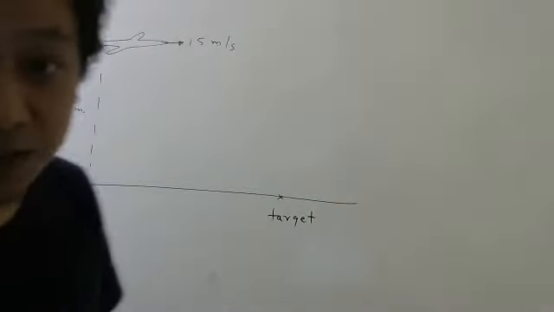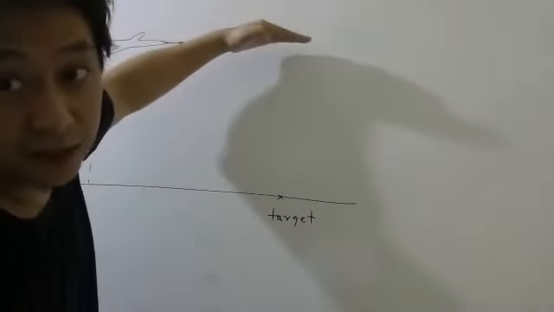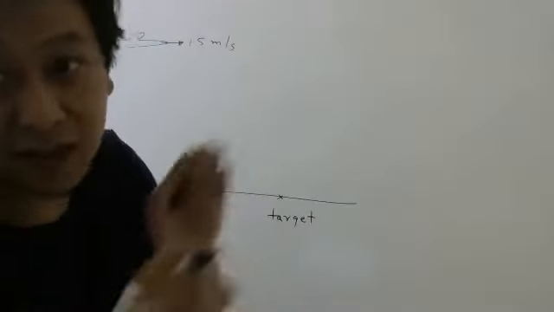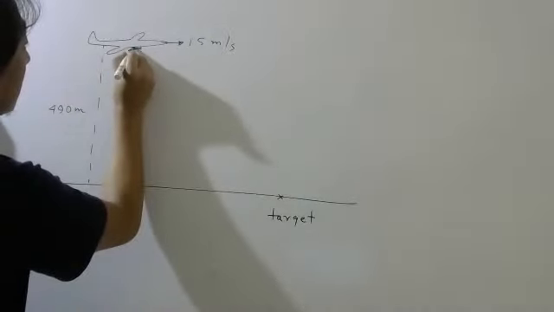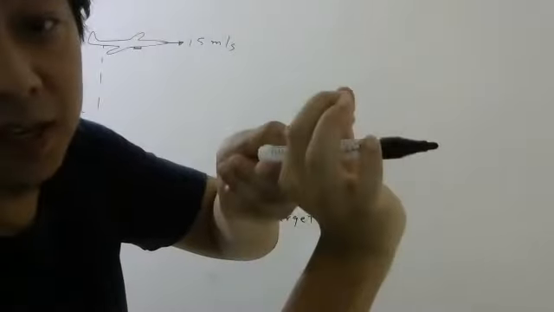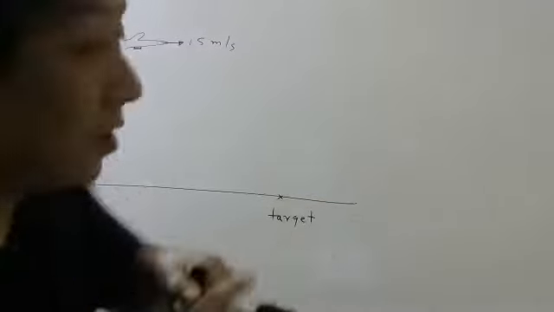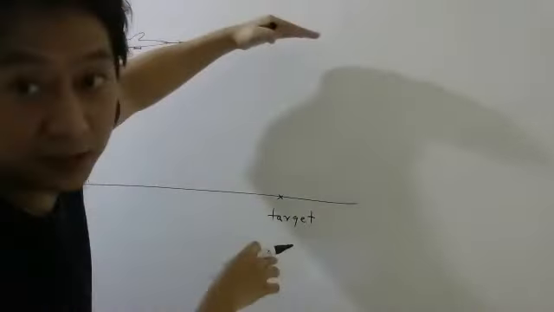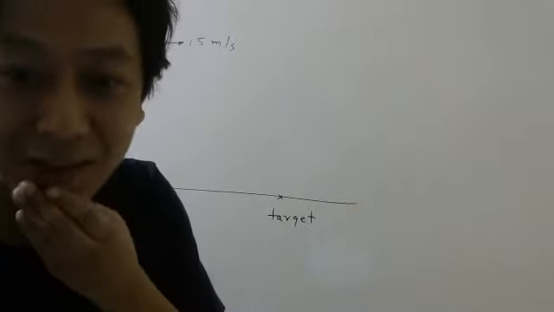Okay. Now, students, tell me one thing. When it reaches above the target, if he releases the missile, there will be a missile like this, which will be locked. When he presses some button, that lock will be open. Then the missile will fall down. When he is above the target, that time he should release. Yes or no?